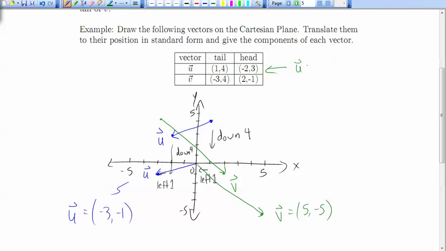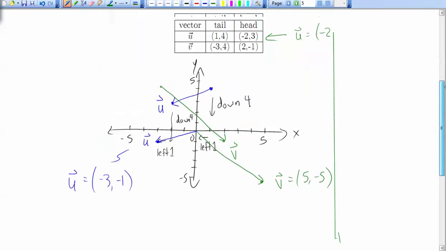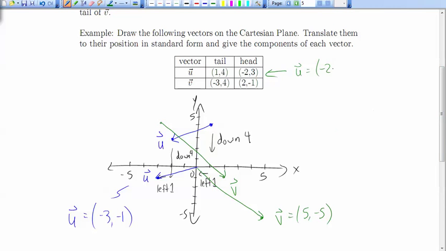So u is going to equal -2 minus 1, and the second component will be 3 minus 4. So we get -3, -1.